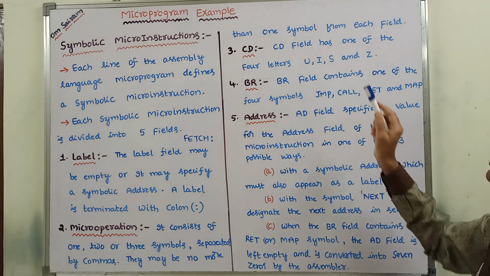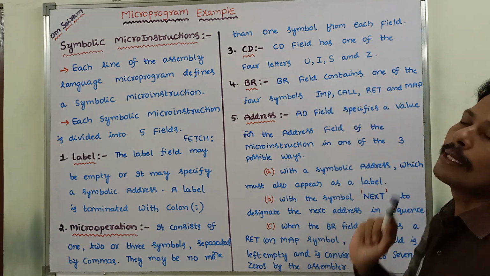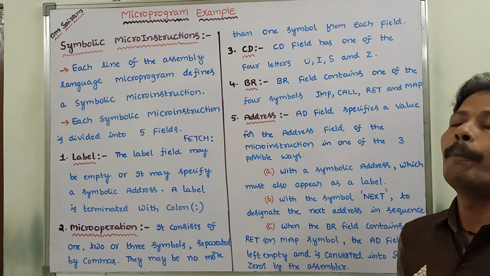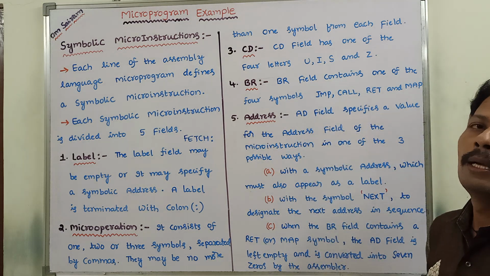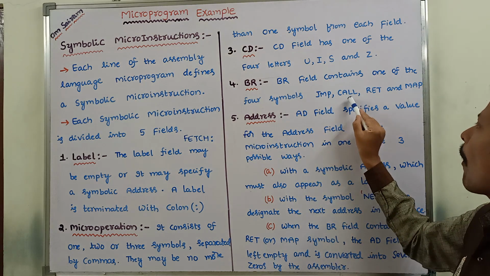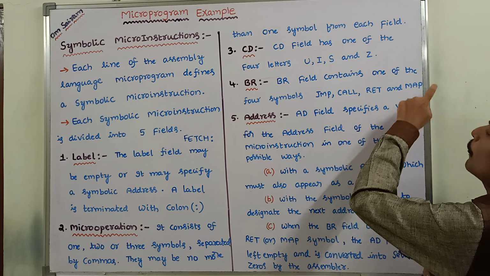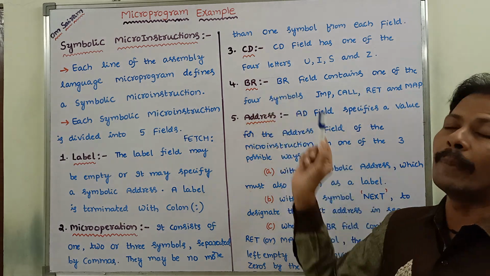So CD field may contain among these 4 symbols. Next one, BR field. BR field contains one of the 4 symbols: jump, call, return and map. Among the 4 symbols, we can take 1 symbol in the BR field.